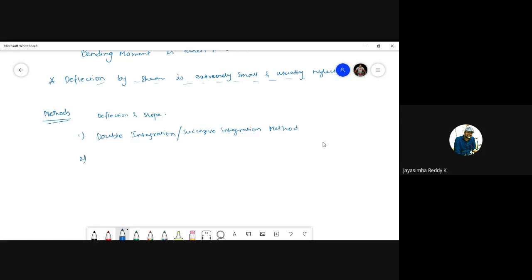And another important method is Macaulay's method. We have a major focus on Macaulay's method, as the double integration method has some disadvantages. So we'll see these two methods in our syllabus.